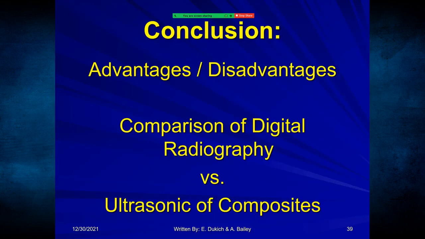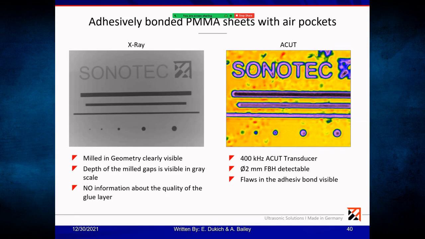So the advantages and disadvantages of radiography versus ultrasonics of composites. Well, over to the left is an X-ray image, and over to the right is an air-coupled UT image. For the X-ray image, we can see the milled information easily. We have the term Sonotech, that's the name of the company. We have elongated flaws and rounded flaws.